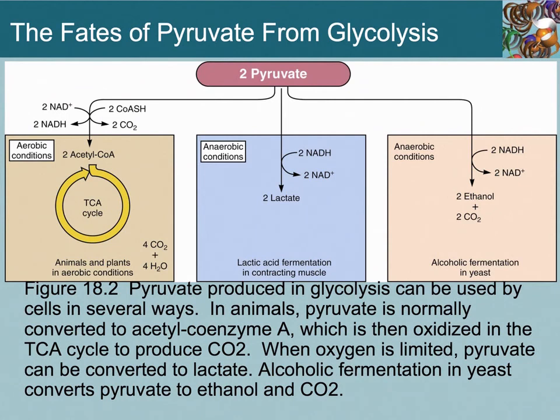If we look at the fates of pyruvate from glycolysis, these two molecules of pyruvate, we have three different options for them. We can have them undergo aerobic oxidation, where they enter the tricarboxylic acid cycle and are fully oxidized to carbon dioxide. This will yield the most ATP.